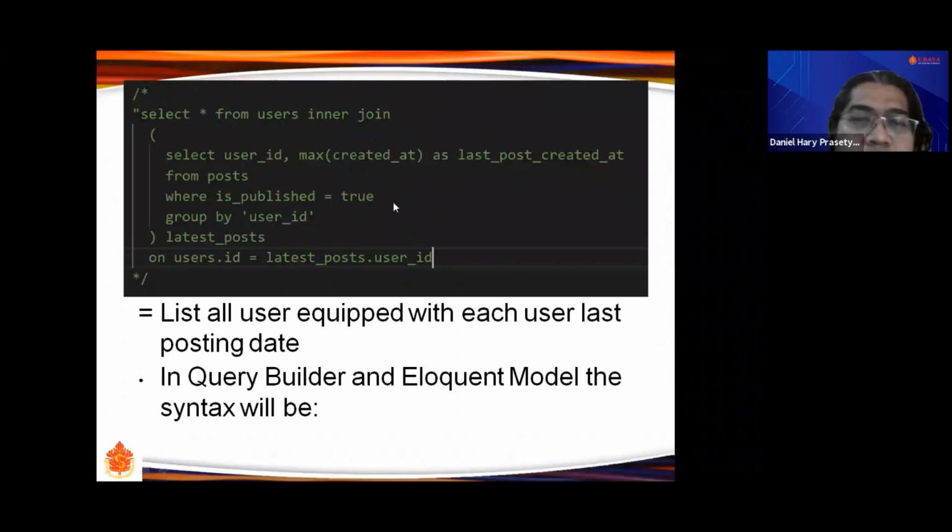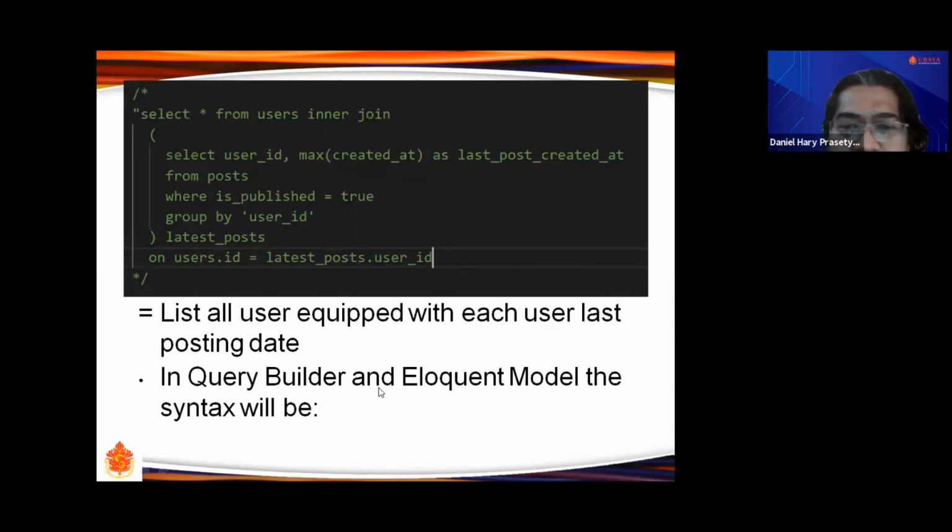The subquery will get the last created, and it will act like a table that has two columns, user ID and last post created at, the last posting of this user. This one: a list of users with each user's last posting date.